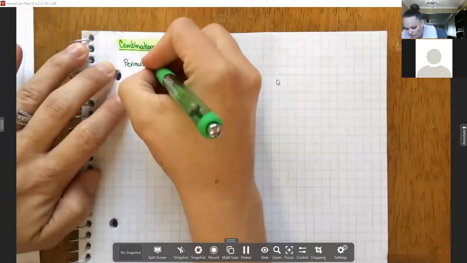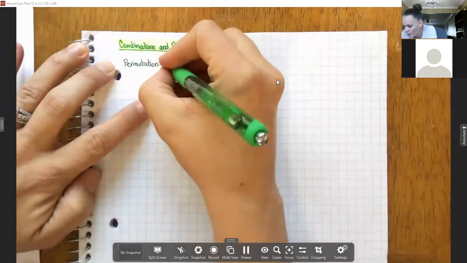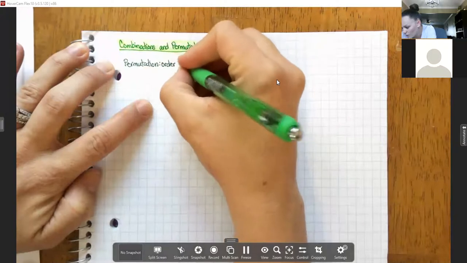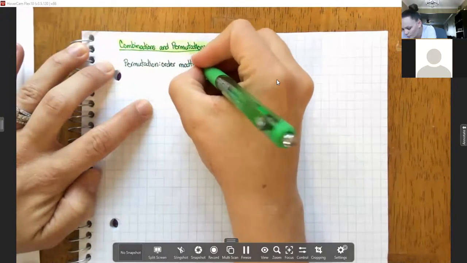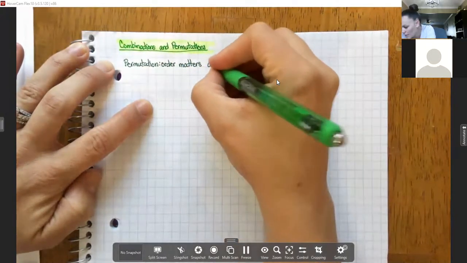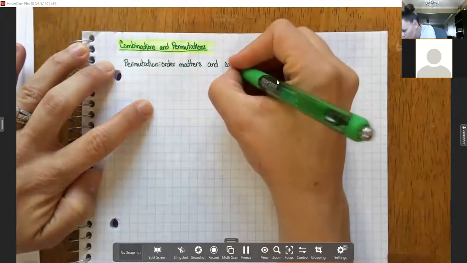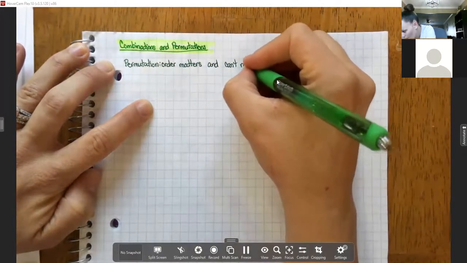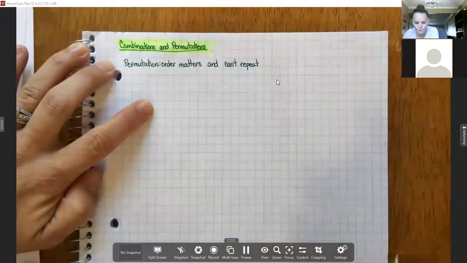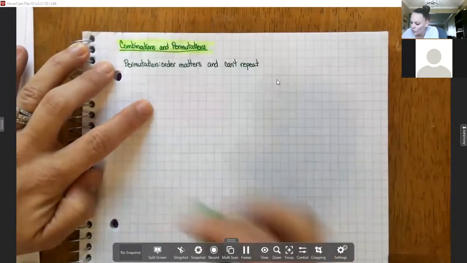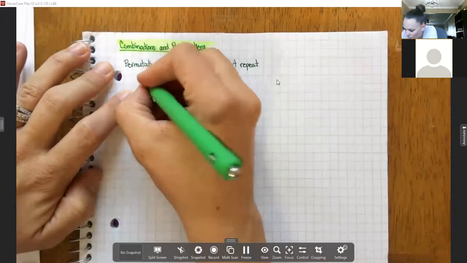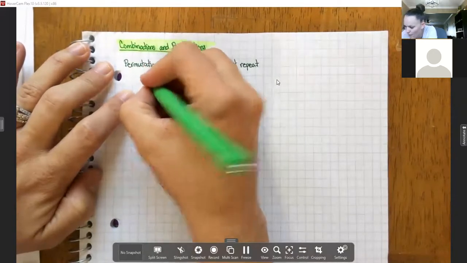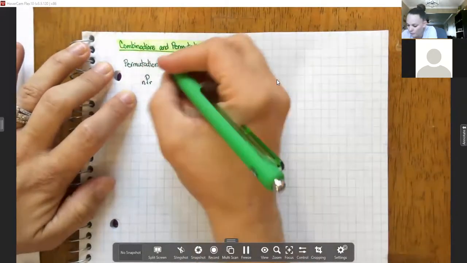So a permutation is order matters and you can't repeat. So it's usually written with a little n, a capital P, and then a small r.